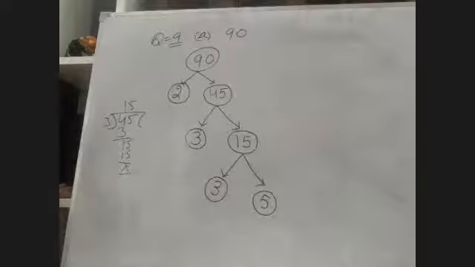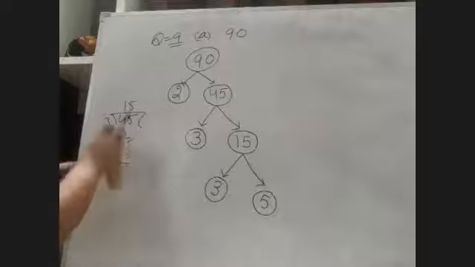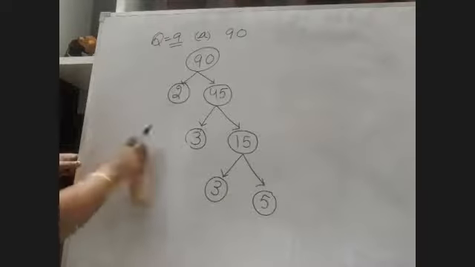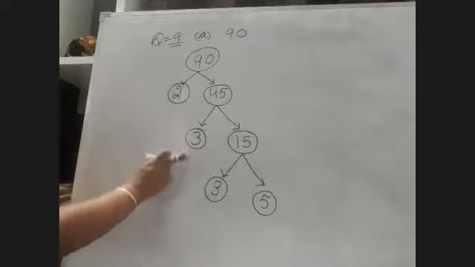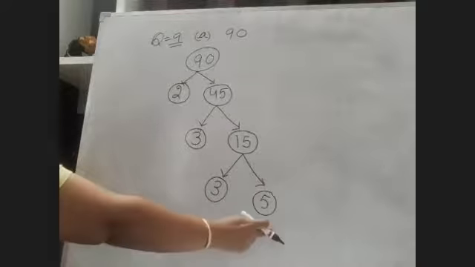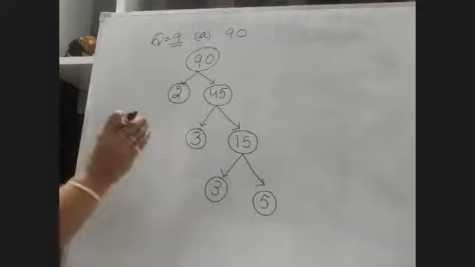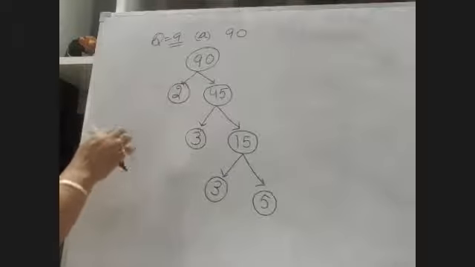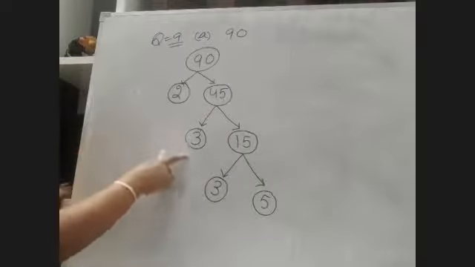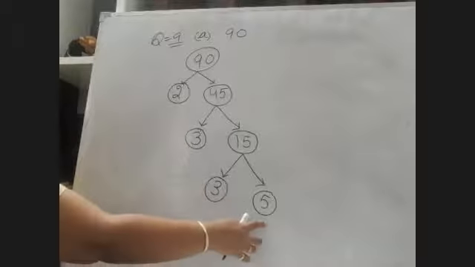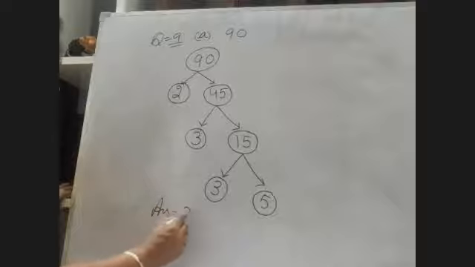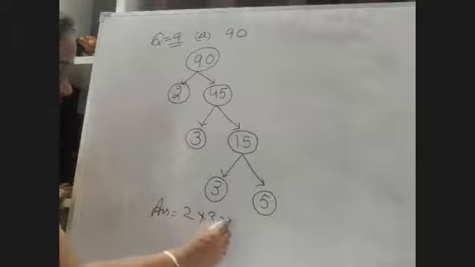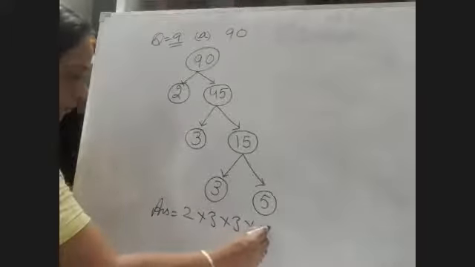So all prime factors of 90 are 2, 3, 3, 5. So all prime factors of number 90 are 2, 3, 3, and 5. The answer is 2 into 3 into 3 into 5.